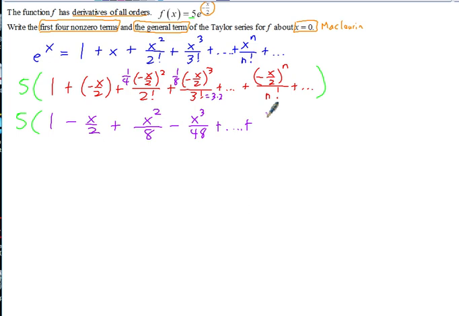We'll have, easier to write in this case, we've got negative 1 to the n. We've got x to the n. And the denominator, we've got 2 to the n. Okay. And then divided by n factorial, that's like multiplying by 1 over n factorial, so that n factorial just stays in the denominator.